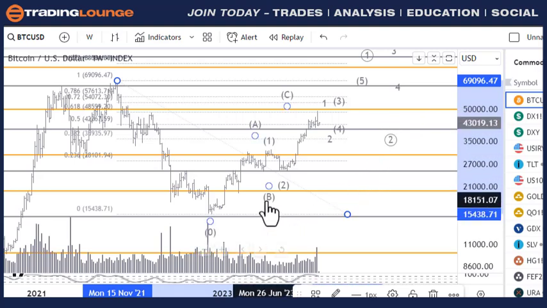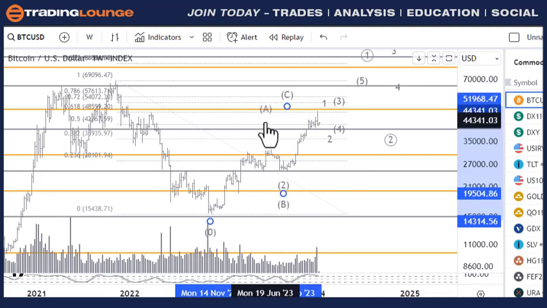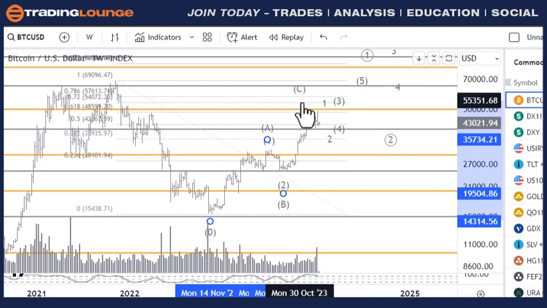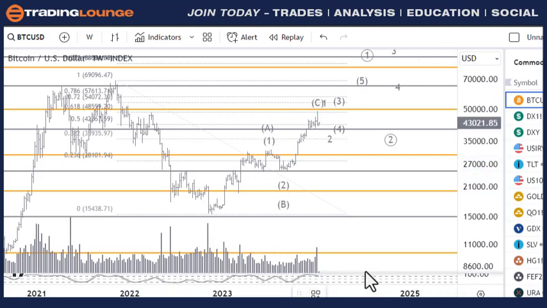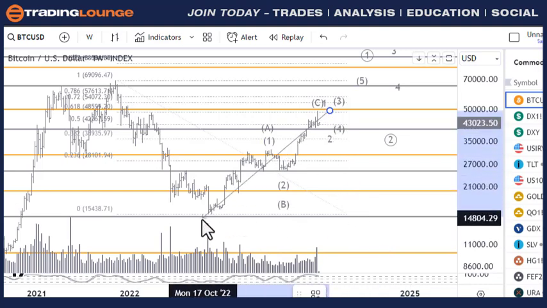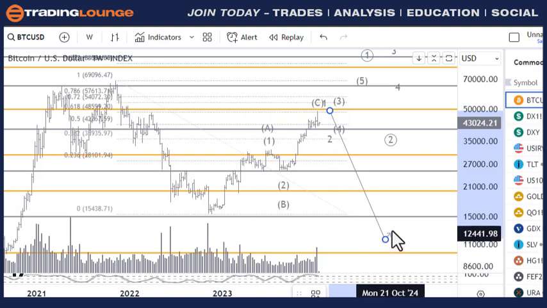So what we've got at the moment is we can look at this in two ways. We can look at this as an A wave and a B wave, and then we can put a C wave on the top here. If that is indeed the case, then we would be coming down, testing this previous low here, and then moving up.